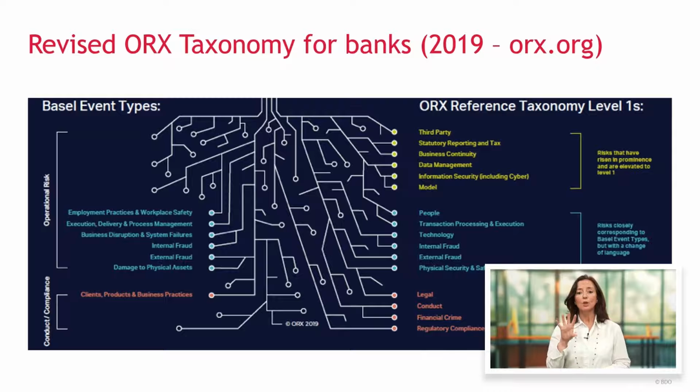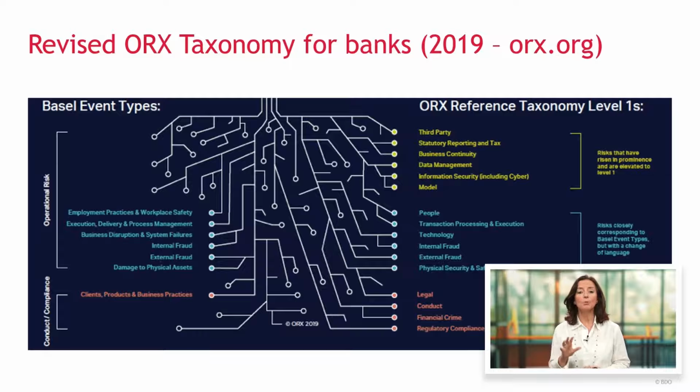And you have 3 pools of risks here. The ones in yellow are risks that did appear in the previous Basel categories, in the original taxonomy, but were at level 2 and are now promoted, if you want, to level 1, because they are getting more and more important. This is, for example, third-party risk management, data management, or business continuity.